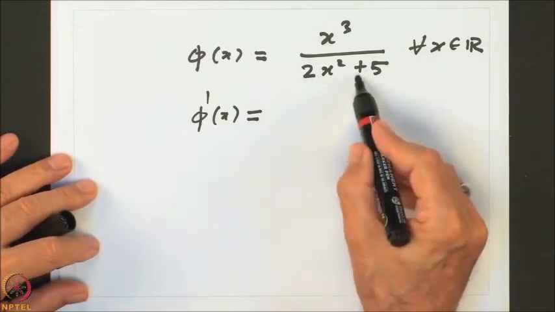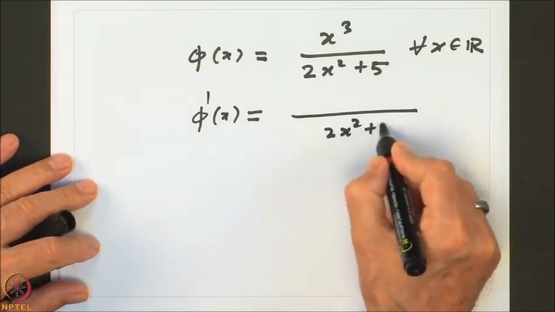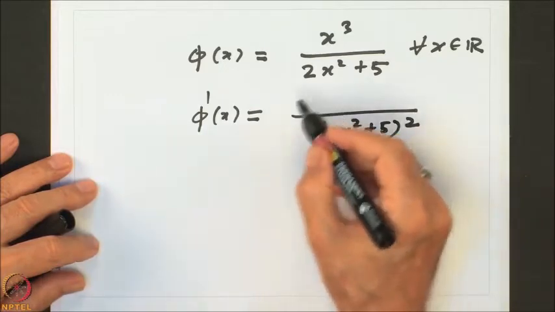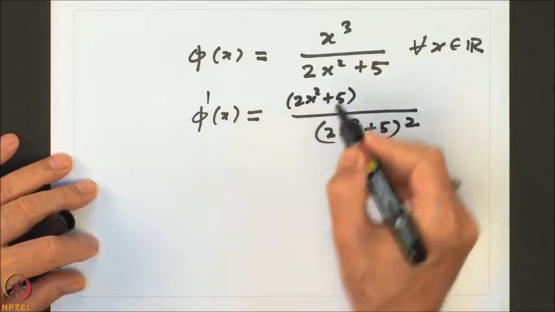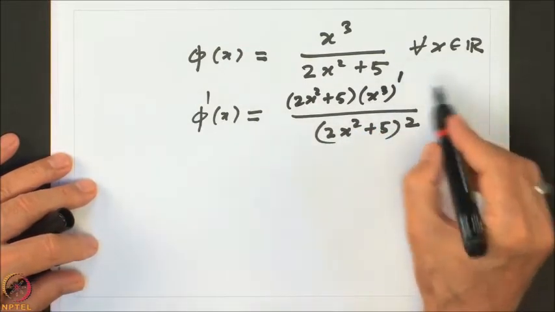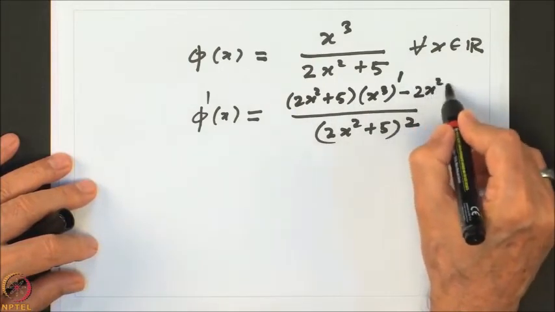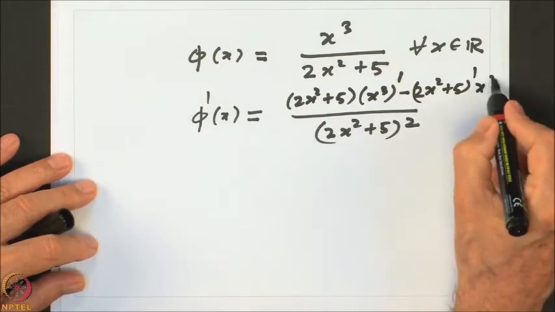Remember, this is a denominator. So first the denominator appears squared, 2x square plus 5 whole square. And now the same function goes up, so it is 2x square plus 5 into the derivative of x cube. So that is the first term, minus the derivative of 2x square plus 5 into x cube.